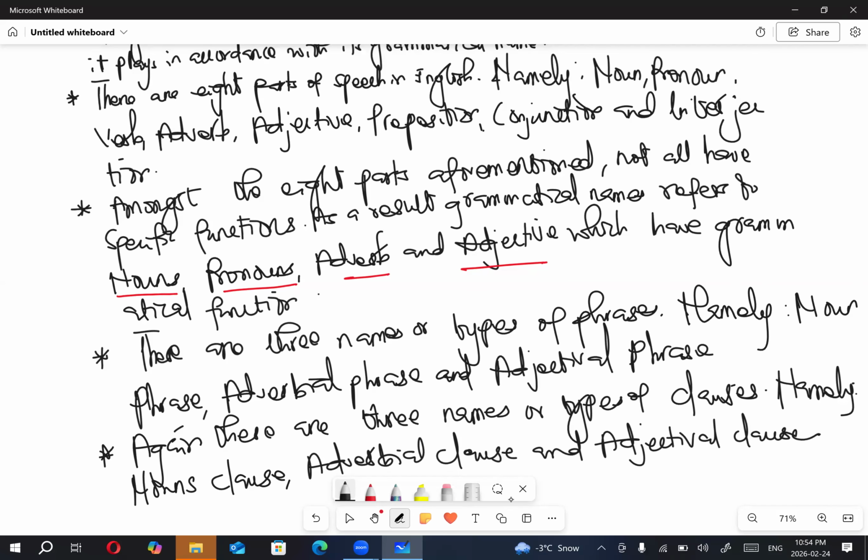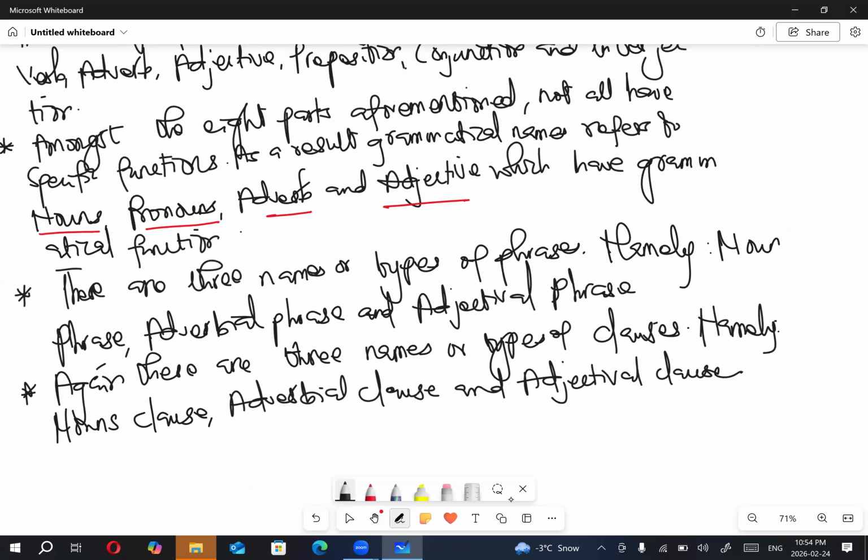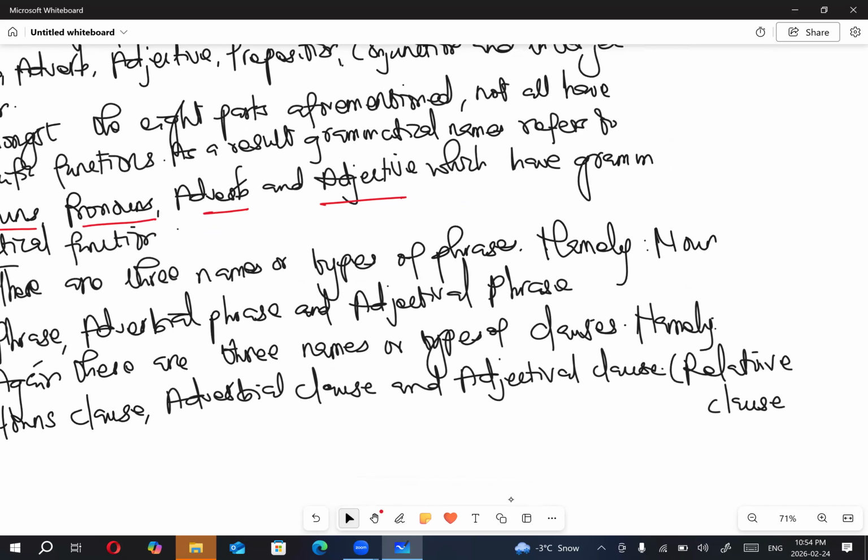Adjectival clauses are also called relative clauses. Yeah, we'll discuss that. So if you find relative clause, this is the same as adjectival clause. Of course, we'll talk about adjectival clause.